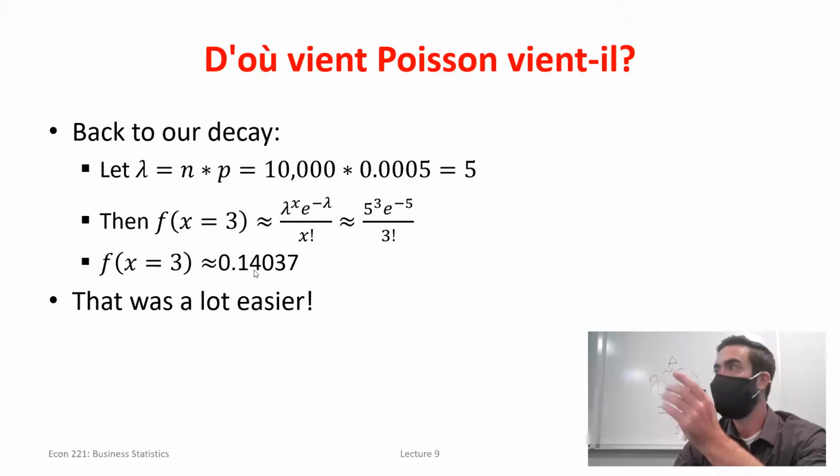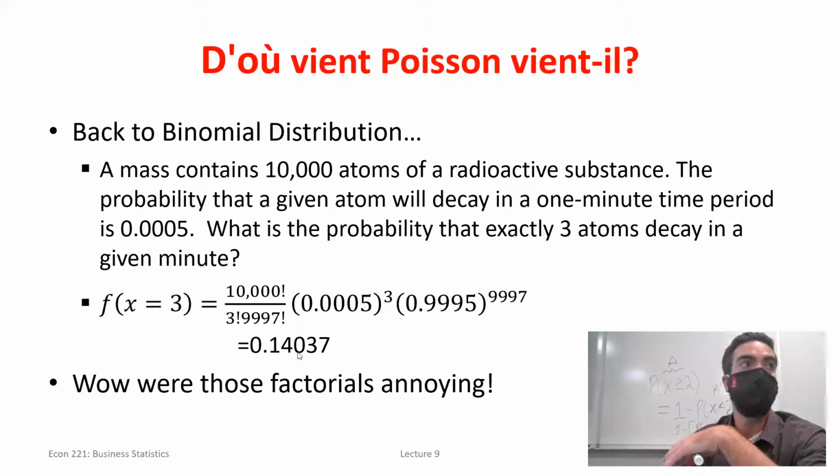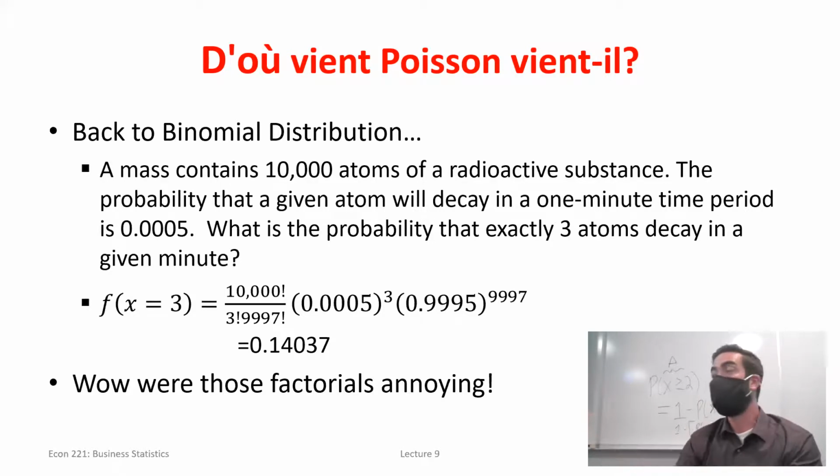And I get the exact same answer that I found using the binomial equation. Now, it's going to be off if I go out to the 6th or 7th decimal point, but it's a very, very close approximation. Good enough, my dad always said, for government work. We're getting pretty close.